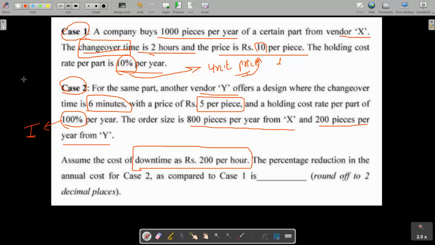So first of all, what is downtime cost? Let us understand what downtime is. For example, in a company there is one machine, and it is doing assembly.